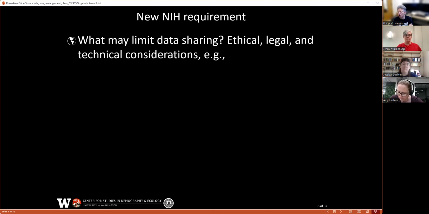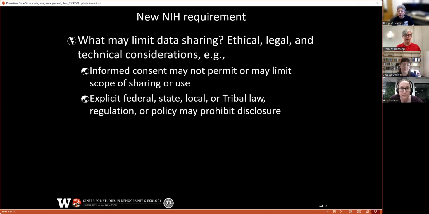There are also limitations on what can be shared. And so there are ethical, legal, and technical considerations. Some examples, and this is not a definitive list, are sometimes with informed consent, particularly if you've worked with an IRB, in the informed consent, there may actually be stipulations about what's able to be shared or not shared.